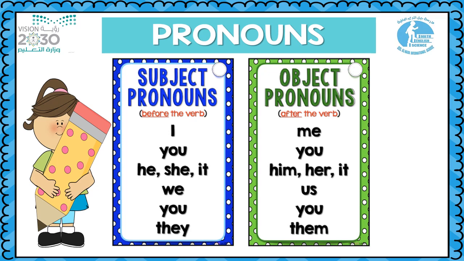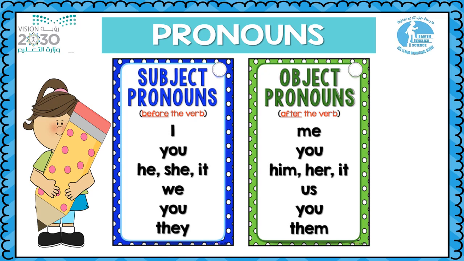Let's see what the object pronouns are. They are pronouns that are used in the action part of a sentence, after the action verb, in the middle of the sentence, or at the end of the sentence.